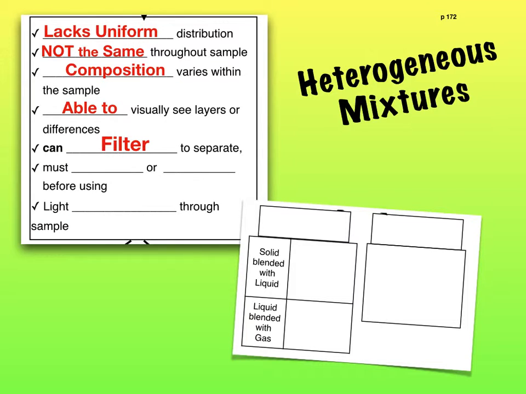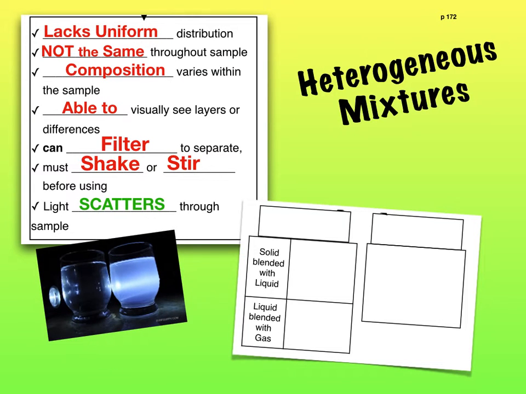Big clue that the sample is a heterogeneous mixture if you must shake it or stir it before you use it. Now, interesting fact about light with heterogeneous mixtures, because the particles are larger, light actually scatters through the sample. So take a look at the picture below.